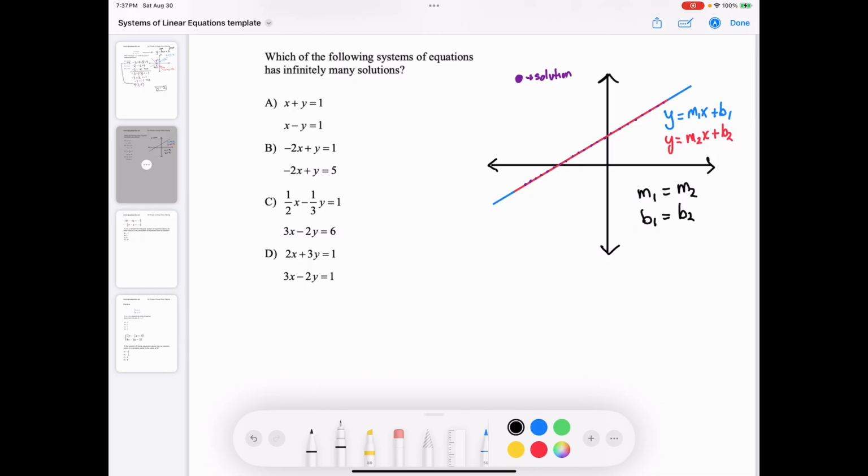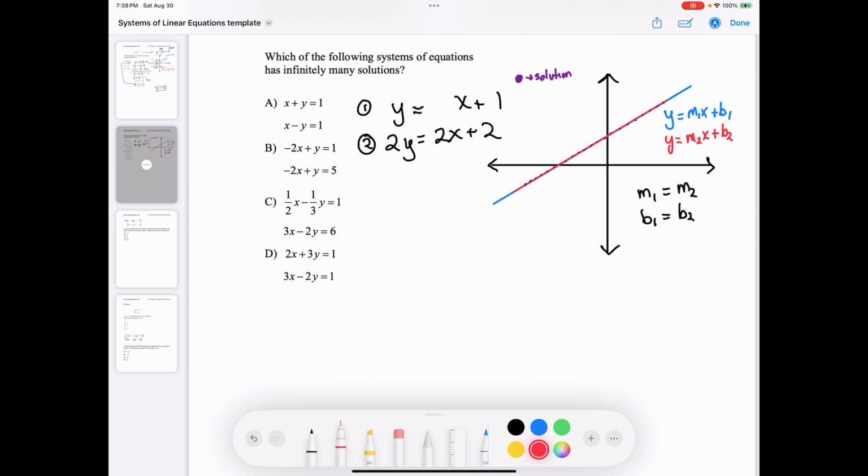Right? So let me just give you a quick example off the top of my head. So let's say you have y is equal to x plus 1. That's our first one. So let's say our second one is 2y is equal to 2x plus 2.